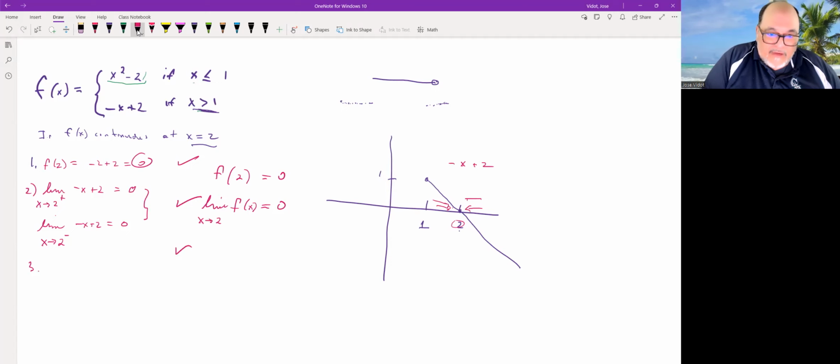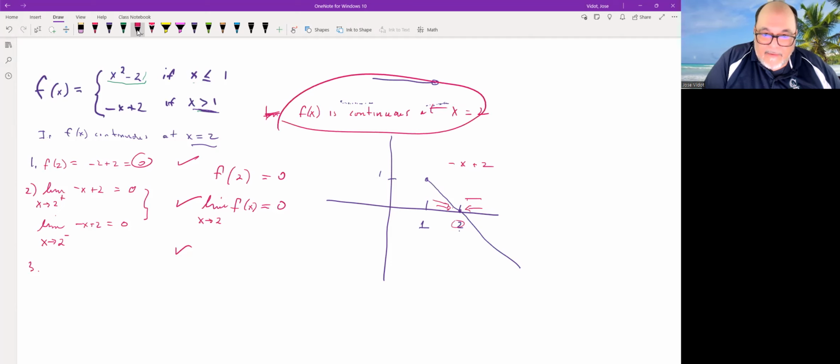So therefore, f of x is continuous at x equal 2. So we had 2 that were continuous, that was at 0 and at 2, and then 1 that was not continuous, and that was at 1. And that's pretty much it.